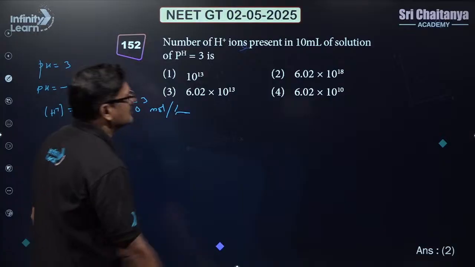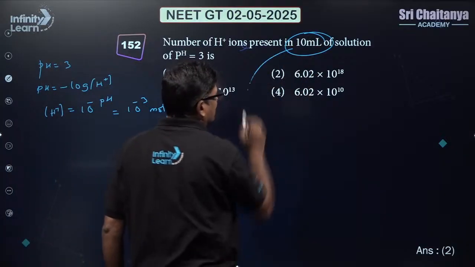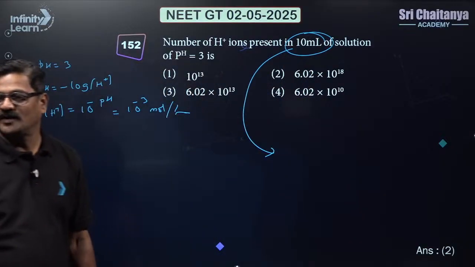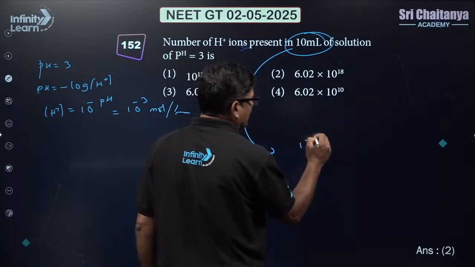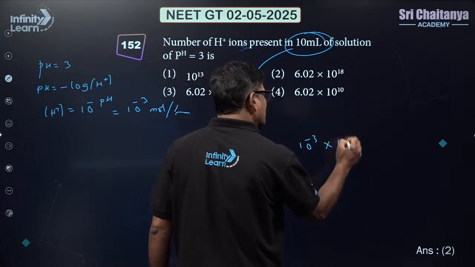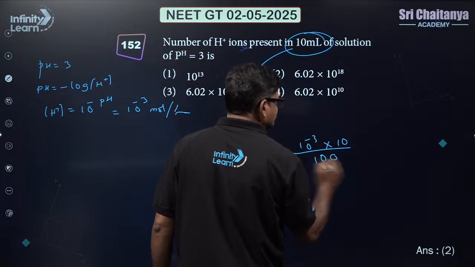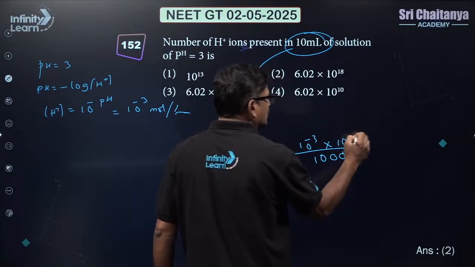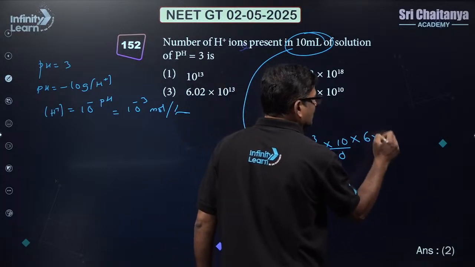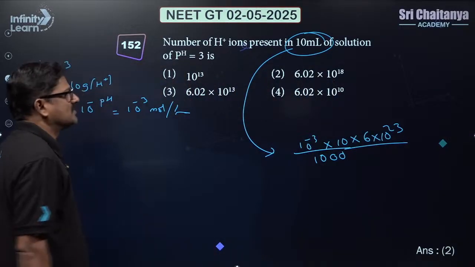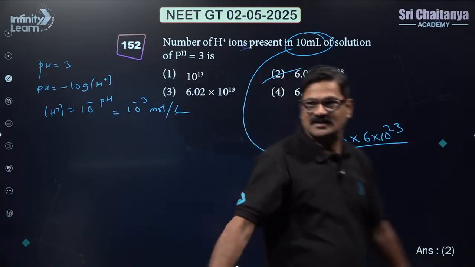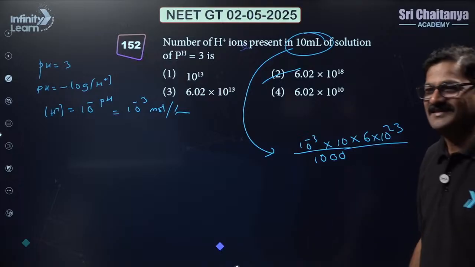So how much will be there in 10 ml? That is going to be 10 power minus 3 into 10 milliliter into Avogadro number. So that many are there. When you solve it, you're going to get this. Understand? Clear? Easy peasy, no?